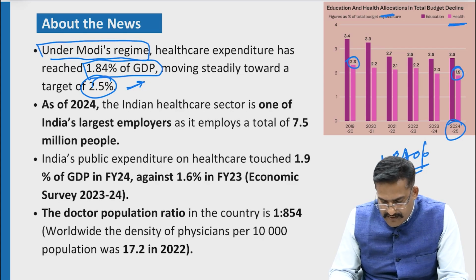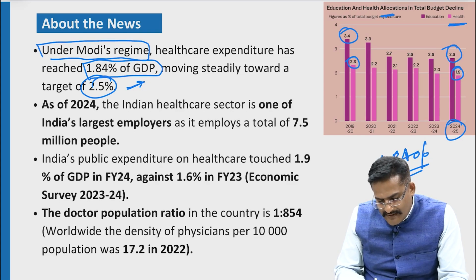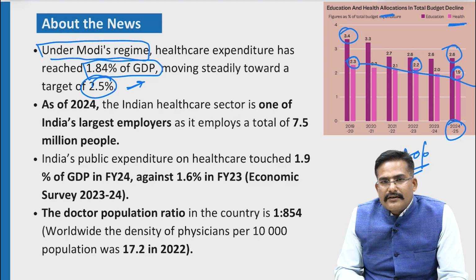That is the expectation. You can also compare the government's education spending, which is also decreasing. Although the decrease in health is not steady, because this year it increased, neither is the expenditure on education steady. It is declining or increasing.